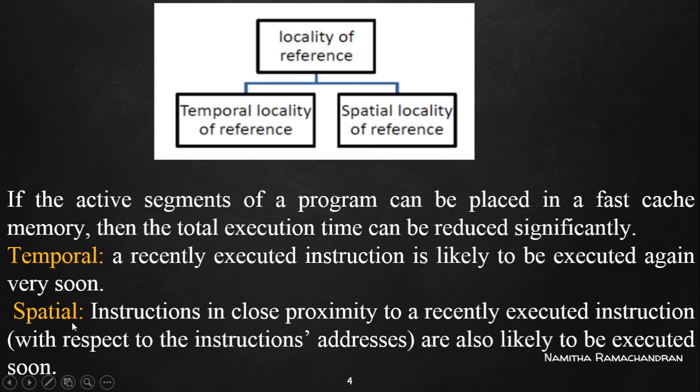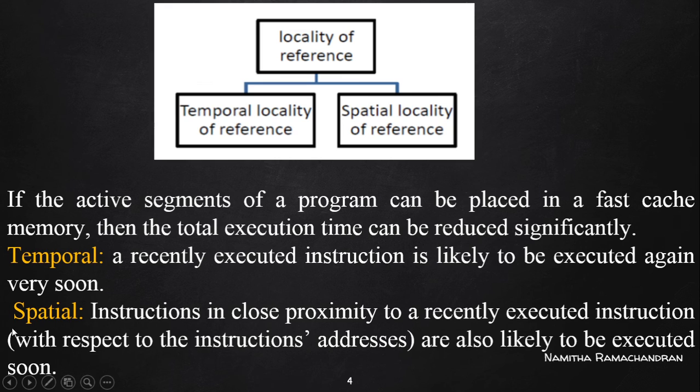And what about the spatial property? Instructions in close proximity to a recently executed instruction are likely to be executed soon. This indicates that the majority of the time, the processor is executing instructions in a sequential manner. That is why, while executing a particular instruction, the chance to execute the sequentially next instruction is very high.